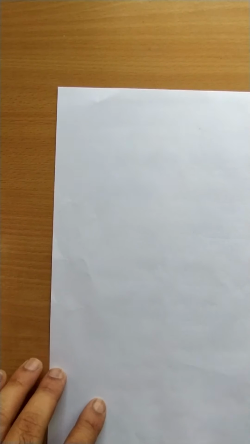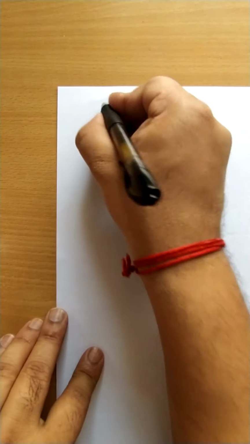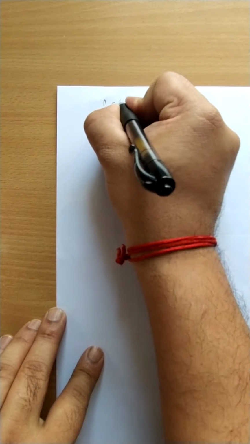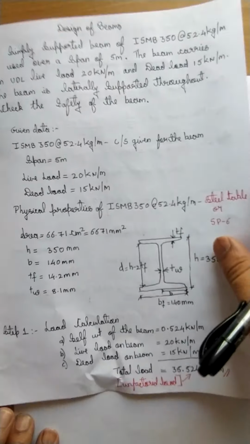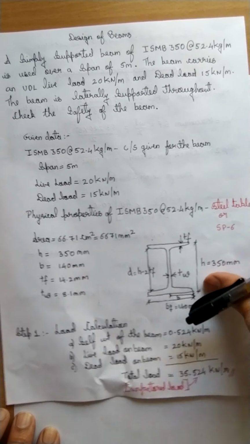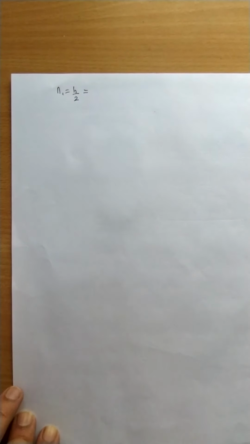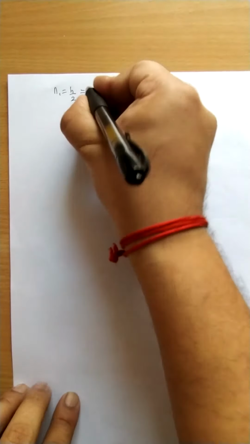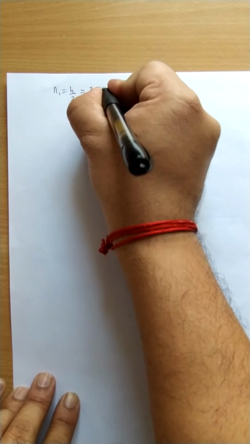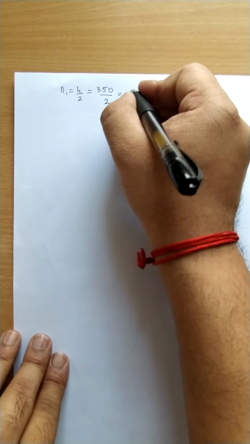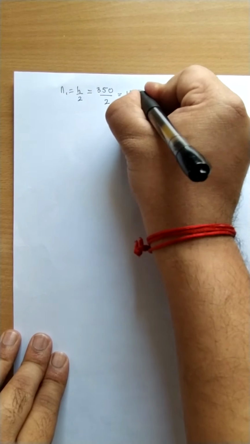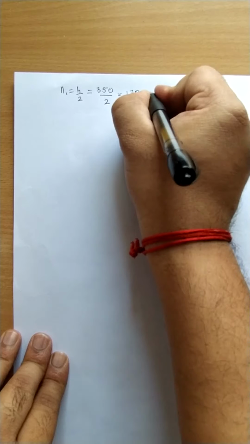So let us compute first n1. So n1 is H by 2. So what is H by 2? We already know our section. So this is our section. So H is 350 divided by 2. So how much does this work out to be? This works out to be 175 mm.